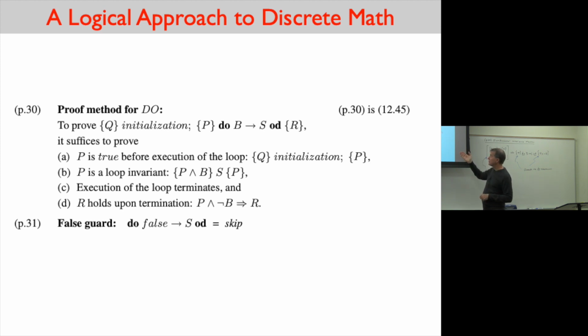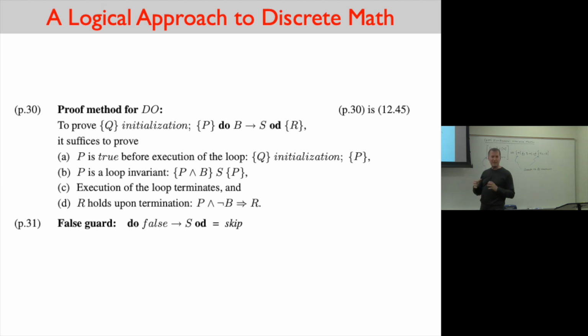First of all, let's take a look at the shape of this program that we are trying to prove correct. Now look, there is not just a P here, there is a Q and a P and an R, right?